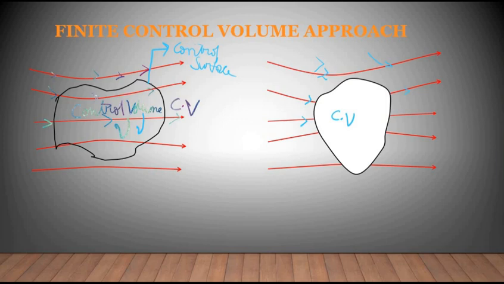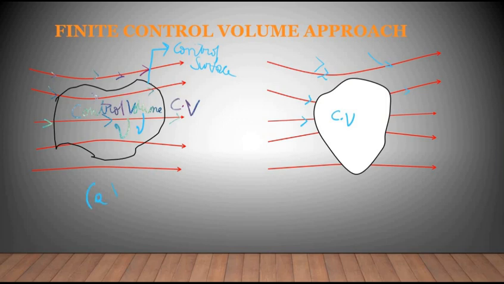Now, as I said, we have imagined a closed volume which is drawn within a finite region, and this is the control volume. Now, there are two possibilities. The first possibility is that this control volume is fixed in space and the fluid is moving through it, which is this figure.